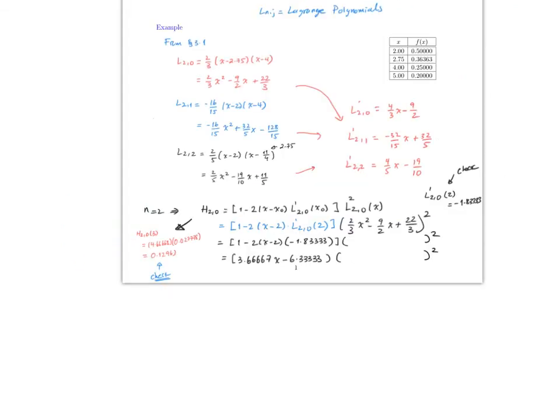All right, so now we need to find H20 hat. H20 hat, by definition, is equal to (x minus x0) times L20 of x squared. So in our case, this will be (x minus 2) times (2/3 x squared minus 9/2 x plus 22/3) squared.